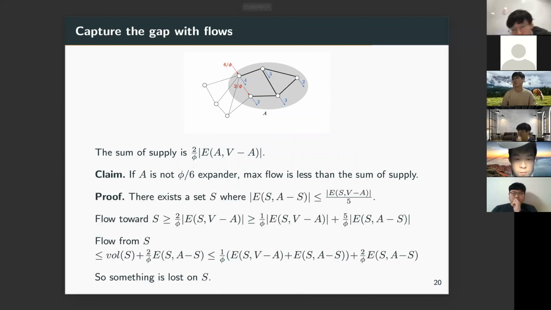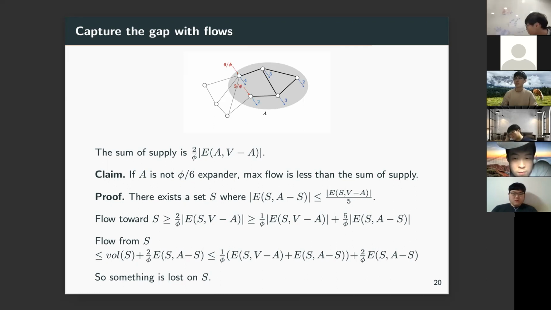So we do a proof, and it means there exists a set where more flow goes outside from B minus A, but less goes from the inside, A minus S. Then when you provide a large amount of flow here, it doesn't pass through to the outside. Some of it is necessarily stuck here.